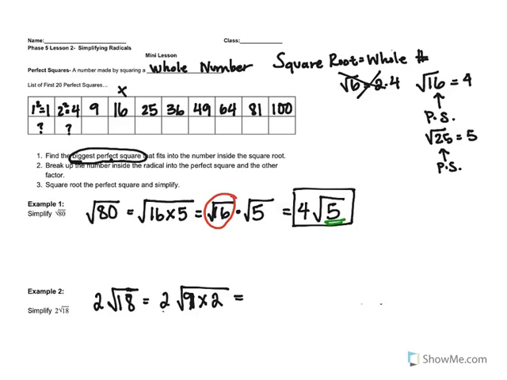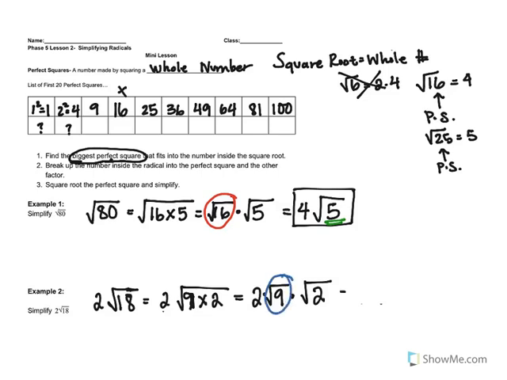So now I'm going to do the same thing that I did in example 1, and I'm going to break this 9 times 2 into 2 separate radicals. So I have 2 times the square root of 9 times the square root of 2. And again, I know that this radical 9 came from a perfect square.